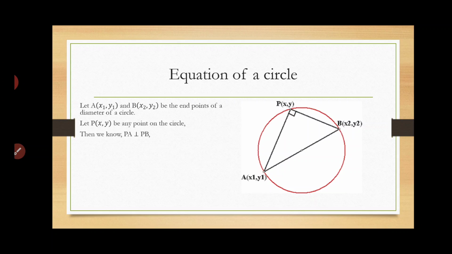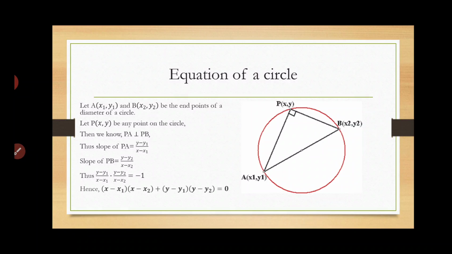So let us first find the slope of AP and the slope of BP, or you can call it PA and PB. As they are perpendicular, their product must be -1. So therefore I can write (y minus y1) by (x minus x1) times (y minus y2) by (x minus x2) equals -1.